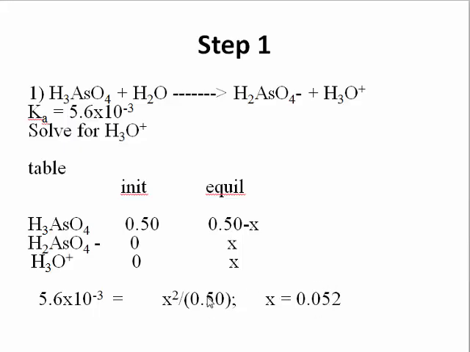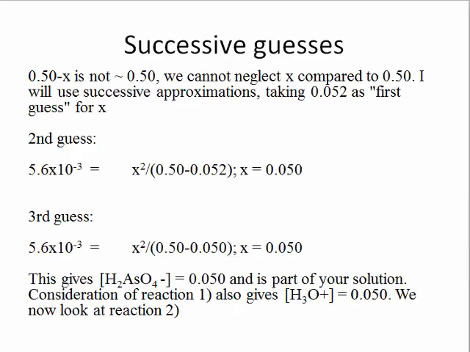Compared to 0.50, this value of x is too large to treat x as small. Therefore, the best approach is to address this problem with successive guesses. 0.50 minus x is not 0.50 to two significant figures. We cannot neglect x.